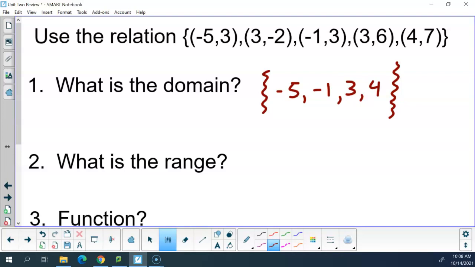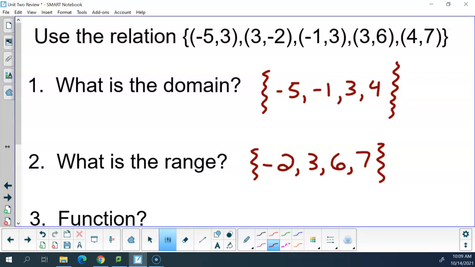What would the range be then? -2, 3, 6, 7. The y's, or the outputs. Is this relation a function?